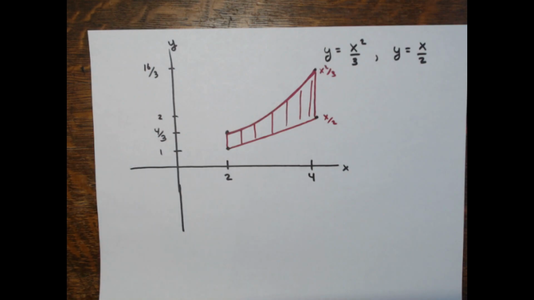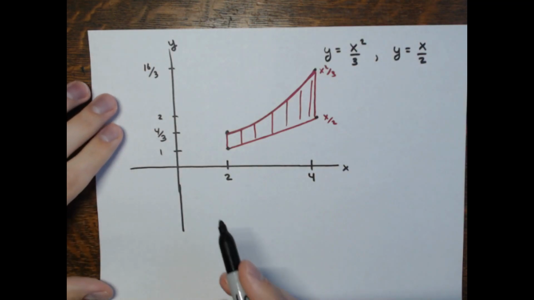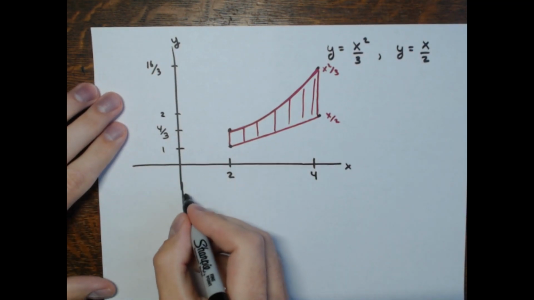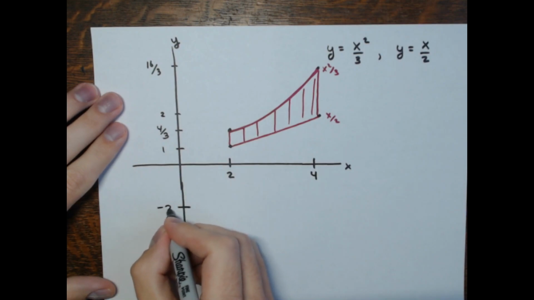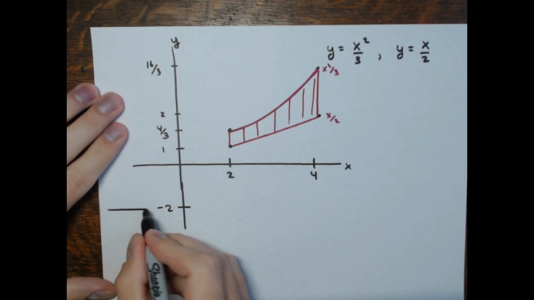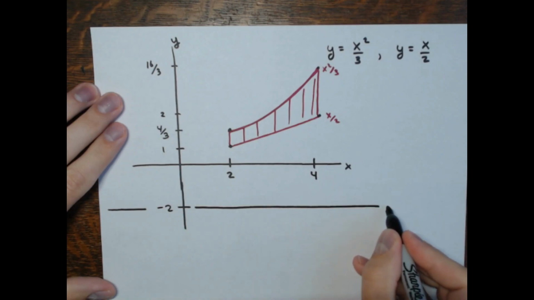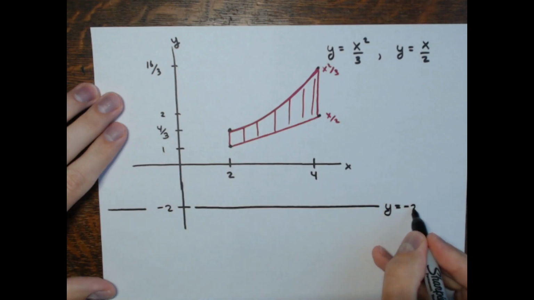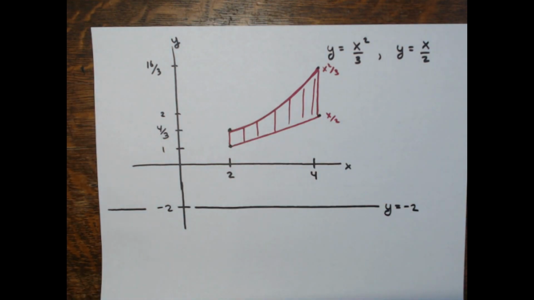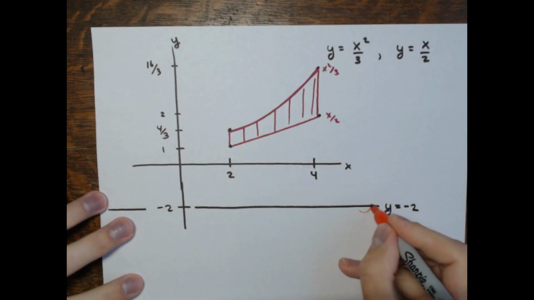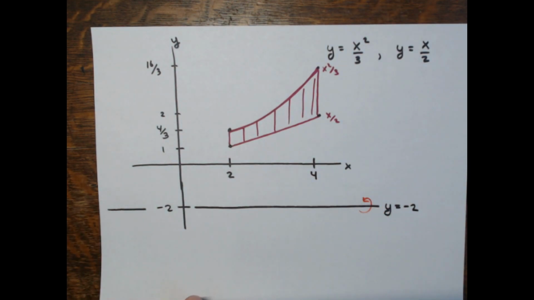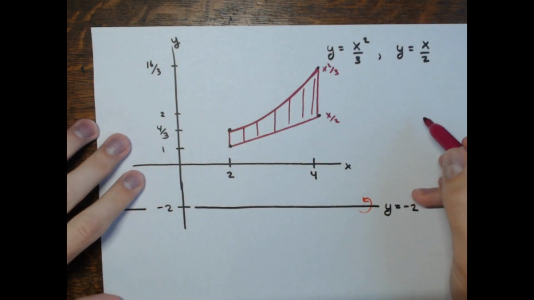Now, instead of rotating around the x-axis, that horizontal line, we're rotating around y equals -2. So here's y equals -2, and we're rotating around this. Okay, so the 3D shape created here would look something like this.